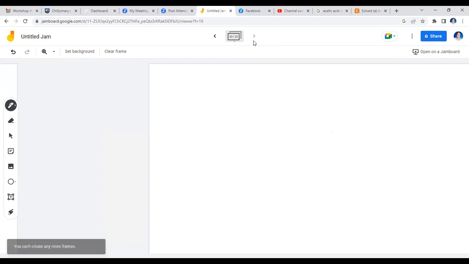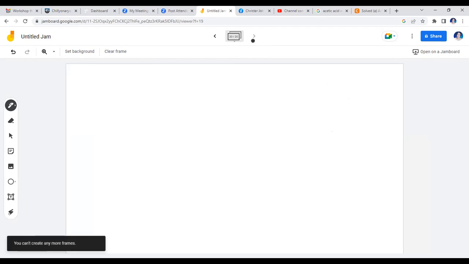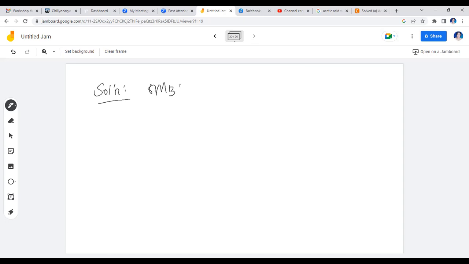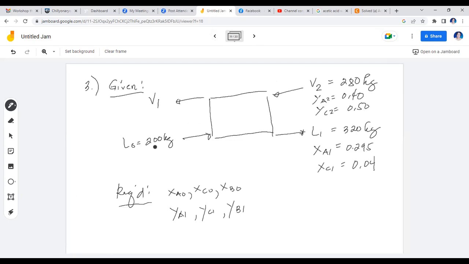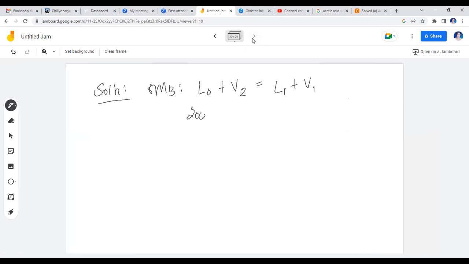So we go to the next slide for our solution. Now, if you do overall material balance, you will have the feed plus the solvent should be equal to the raffinate and the extract layer. The feed is given to be 200. It's 200. You have 280 here and 320 for the solvent and the raffinate layers respectively.